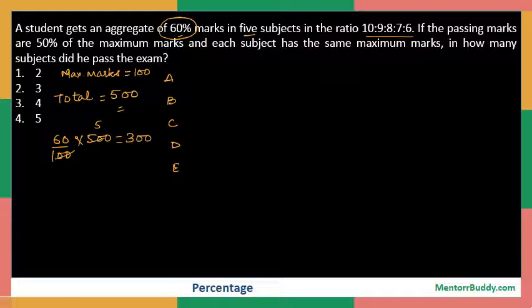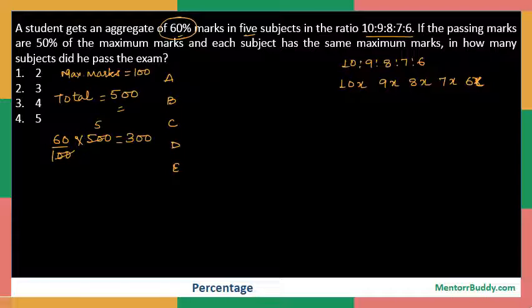And this 300 is in the ratio 10 is to 9 is to 8 is to 7 is to 6. So if I remove the ratio and multiply them with a common variable, I'll get the marks in each subject in terms of x.